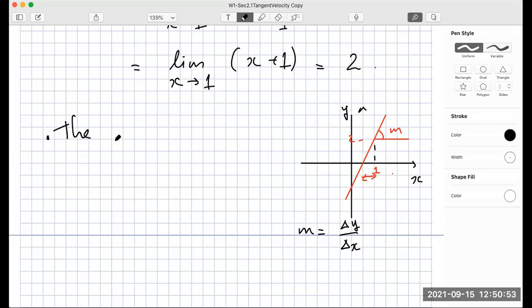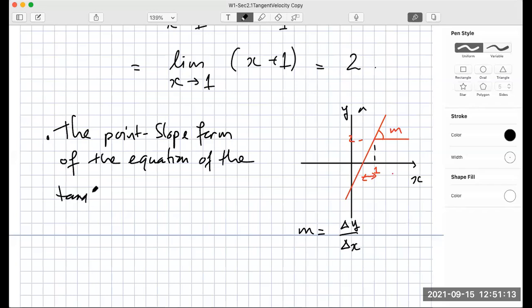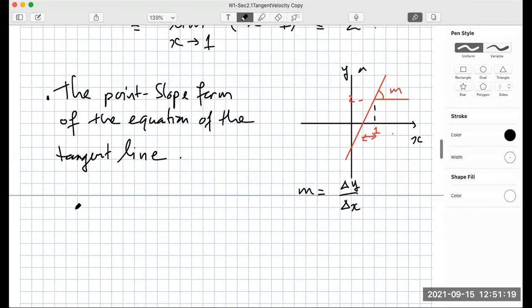That is f of x minus f of a is equal to m times x minus a.